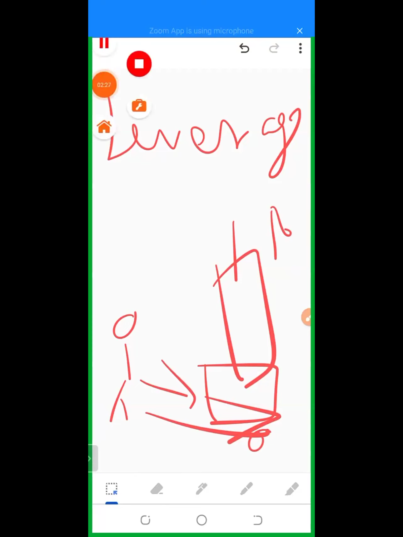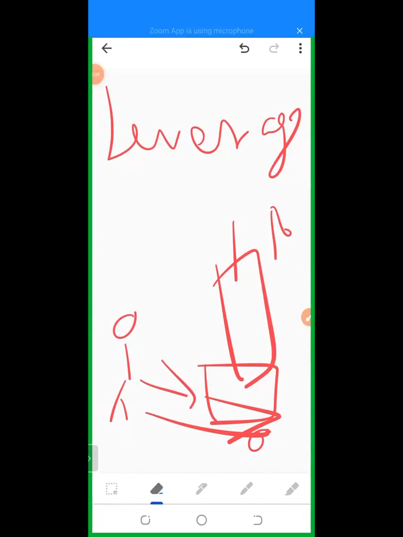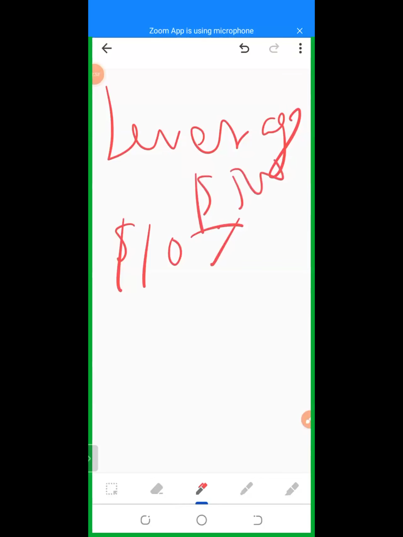So in futures trading, what makes futures trading much more beneficial is leverage. Somebody having only $10 can be able to get $500, and all he has is $10.